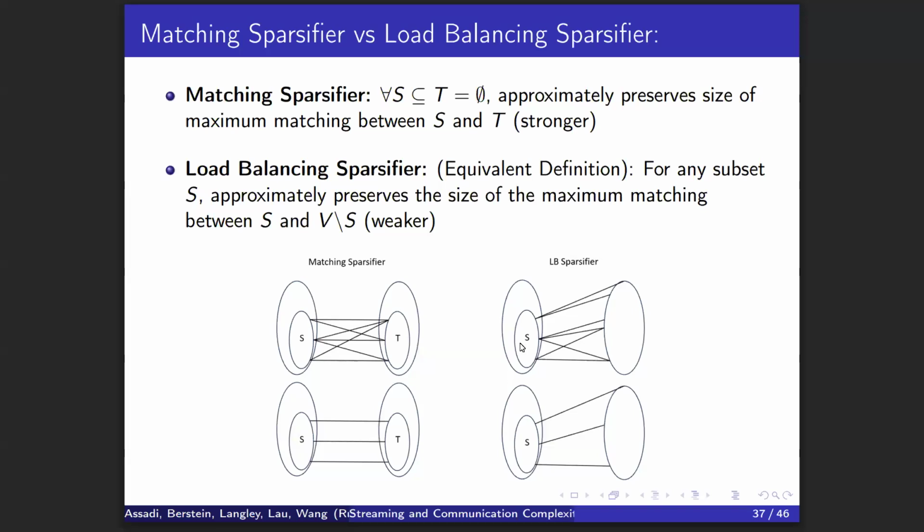So in the primal problem, for the matching sparsifier problem, you need to say that for all S and T, you preserve the size of the maximum matching between S and T. Whereas for the load balancing sparsifier problem, for all S, you just want to preserve the size of the maximum matching leaving S. So this should be easier than the other one. And because these are equivalent to the corresponding dual problems, the dual version of load balancing sparsification should be harder than the dual version of matching sparsification.